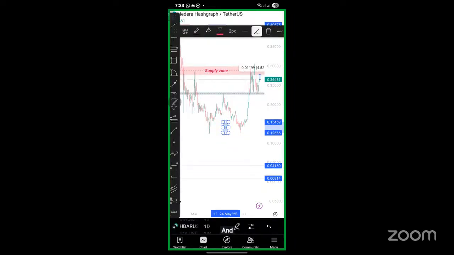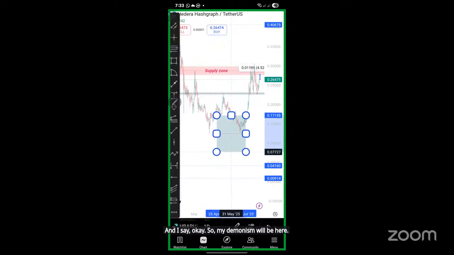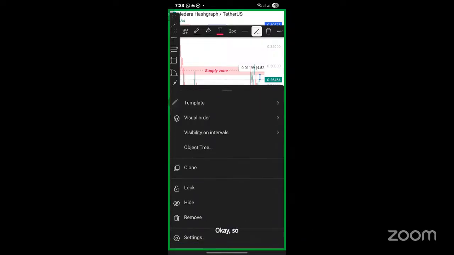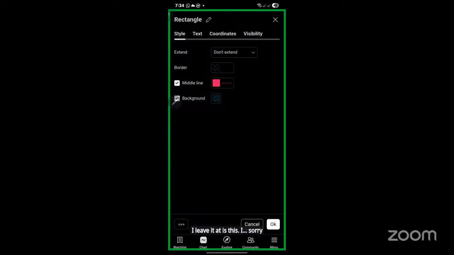Let me look at the style. So my demand zone will be here, and I leave it as it is.